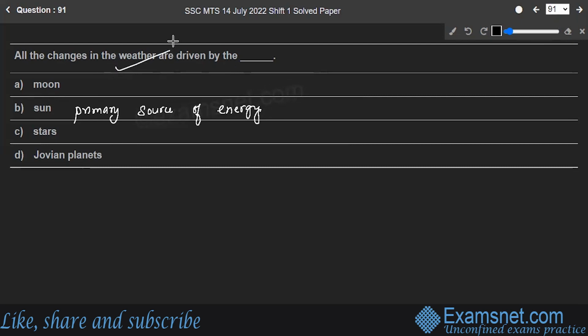Solar heat, or heat received by the earth from the sun, warms up vast masses of air, which make up large and small weather systems, as well as the well-known daylight and summer-winter cycles. So option B is the correct answer to this question.